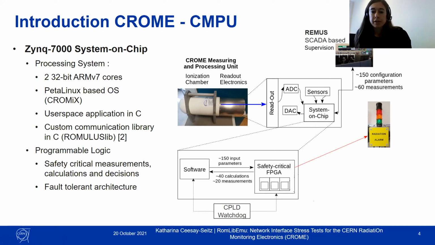And then it interfaces and passes the parameters on to the FPGA section of the system on chip that contains all the safety critical calculations and measurements, and also the decisions which trigger the alarms and interlocks. And this is in a fault-tolerant architecture, so all the safety part is inside the FPGA, and the software is more for the interfacing with the remote side.